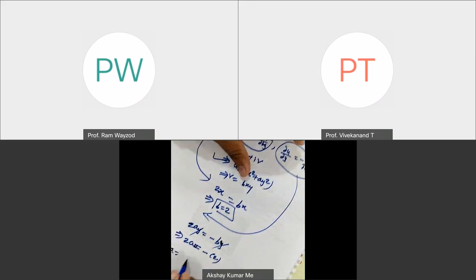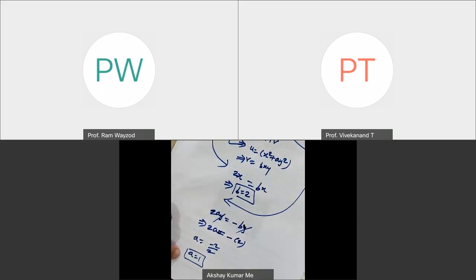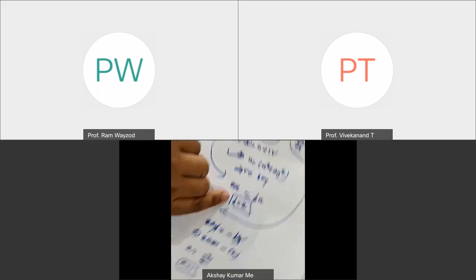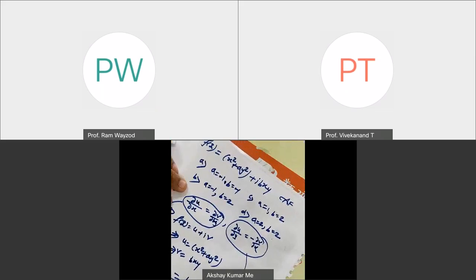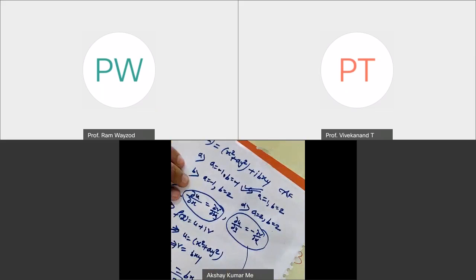So a is equal to minus 2 upon 2. So a is equal to minus 1. So we get the value of a is minus 1 and b is 2. So option C is your option.